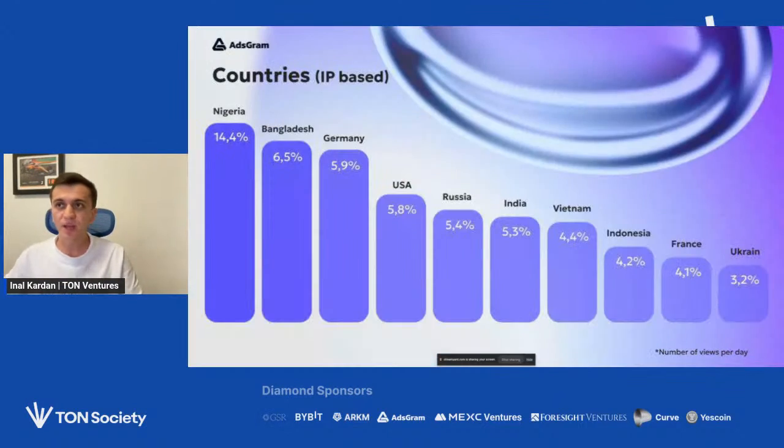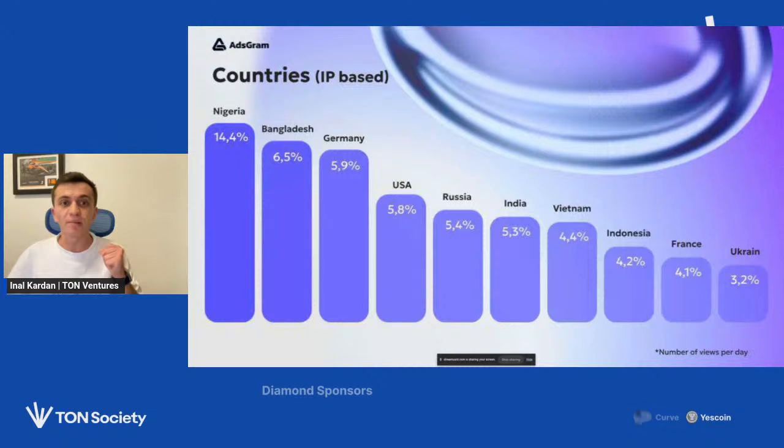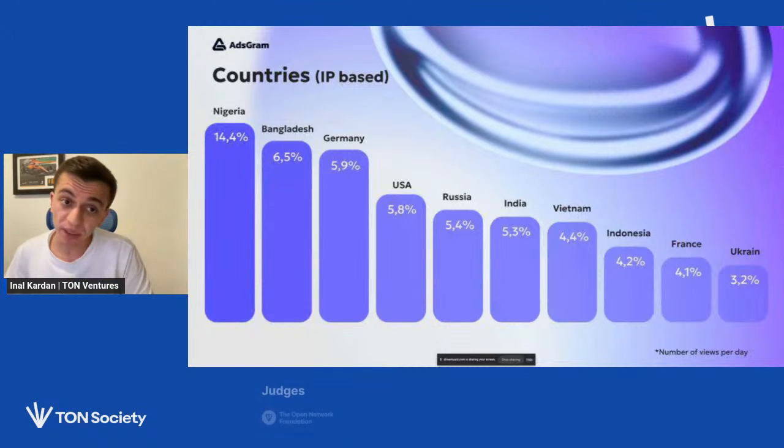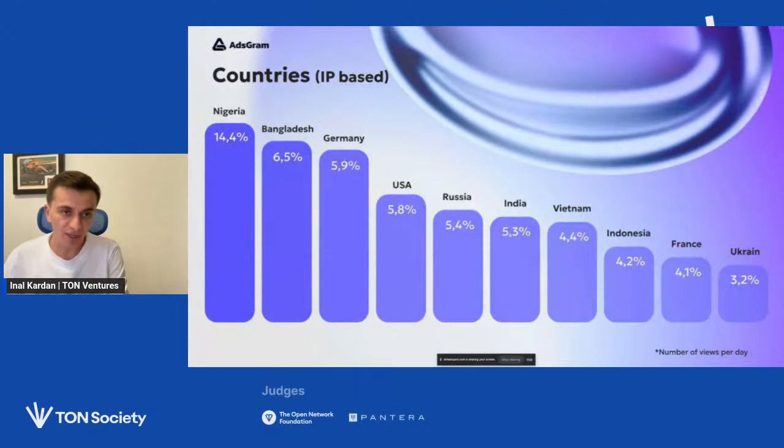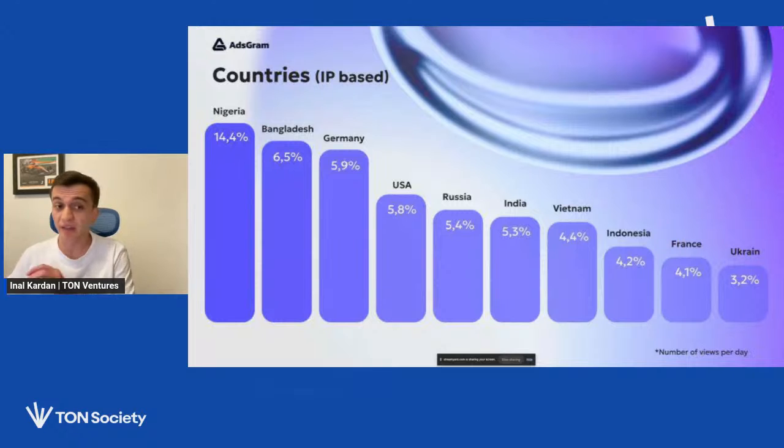through AdsGram. But here we can see what the main countries are based on the IP. As you can see, Nigeria is number one, but many people in Nigeria have English as their default language on their device. Same for Bangladesh. So as you can see, countries and languages are not the same.